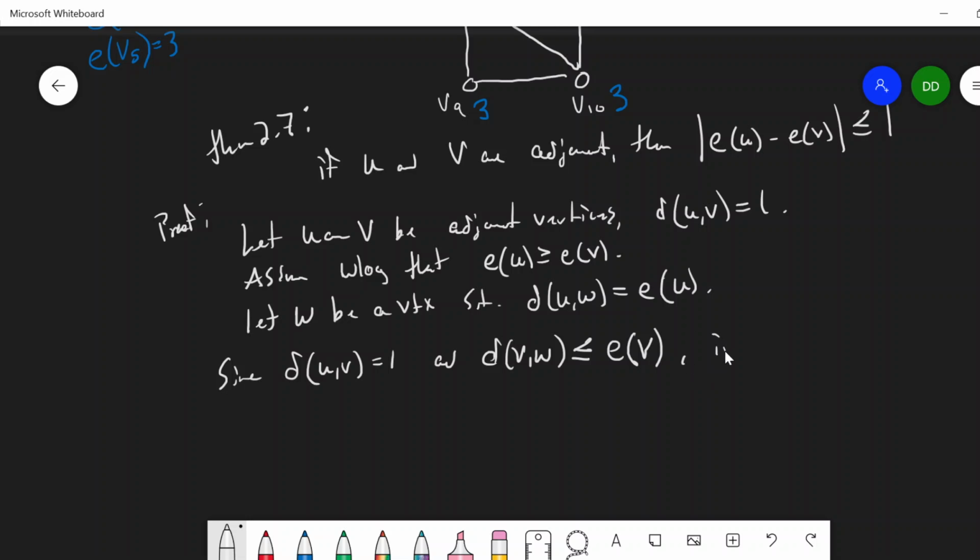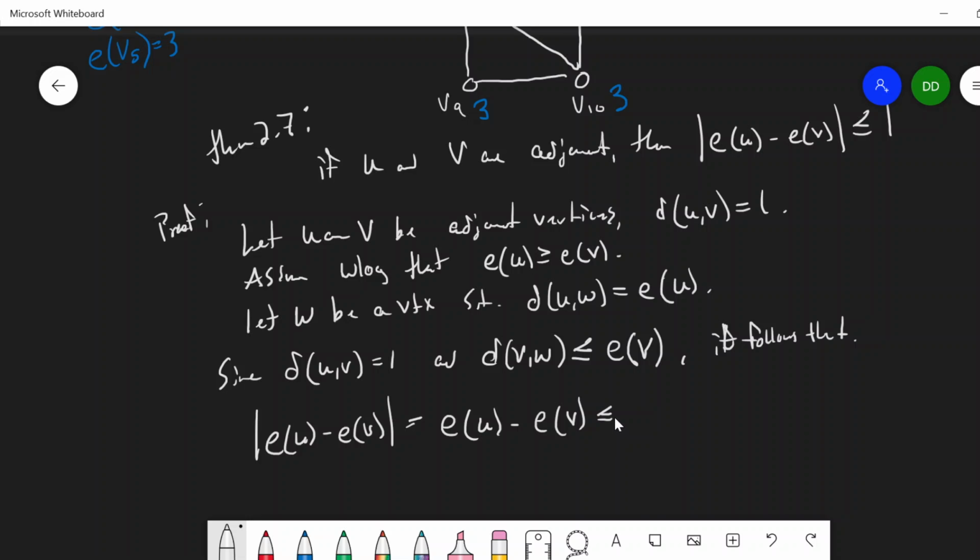So now it follows that the absolute difference between the eccentricity of U and the eccentricity of V, well, I know the eccentricity of U is at least as big as the eccentricity of V, so this is the same thing as the eccentricity of U minus the eccentricity of V. And the eccentricity of U is the distance between U and W. Really what's going on here is the eccentricity of V is greater than or equal to the distance between V and W. And so I want to bound here.